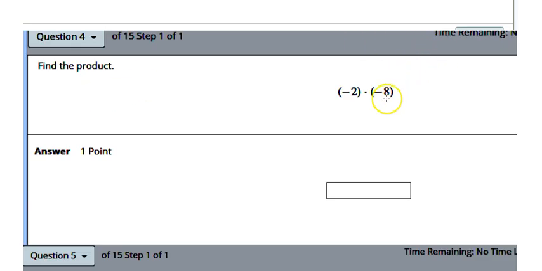Now here's some basic rules of arithmetic dealing with integers. A negative times a negative gives you a positive, and 2 times 8 is positive 16. Guess I should write that in there. Okay, next one. There will be some easy ones.